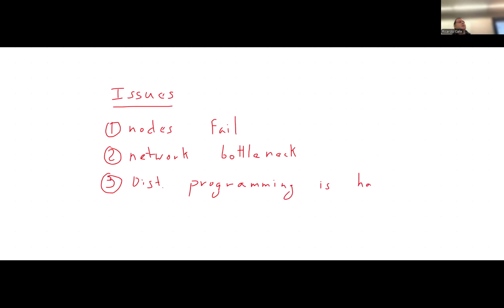And so essentially these are the three main problems. There are others, and then we're going to look at the solutions that we have for this.